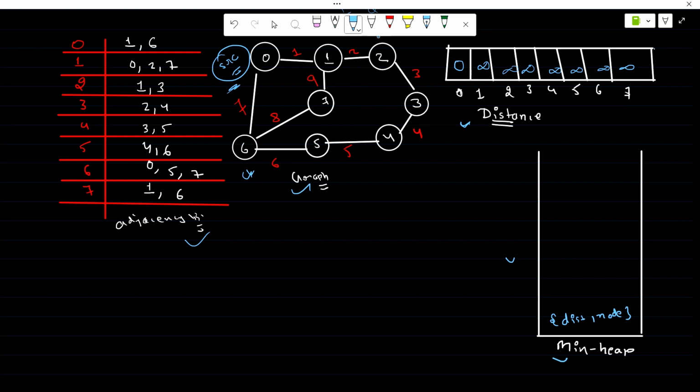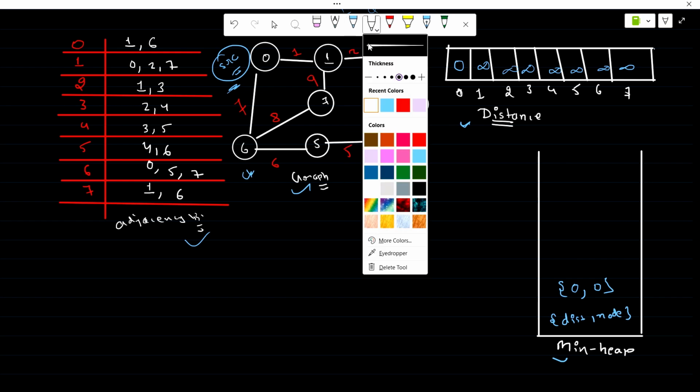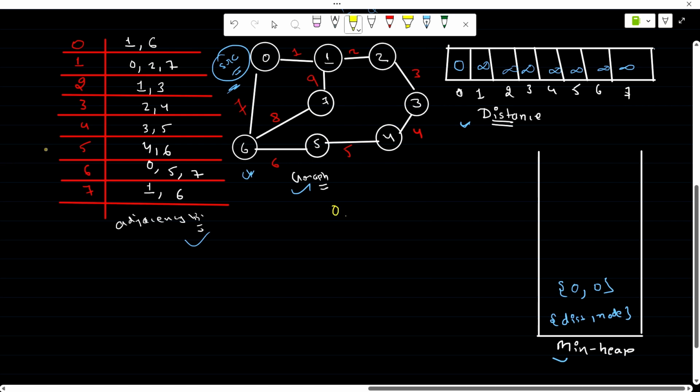Okay. So let's put it into our priority queue. That is, distance is 0 and node is 0, right? So we have 0, 0.